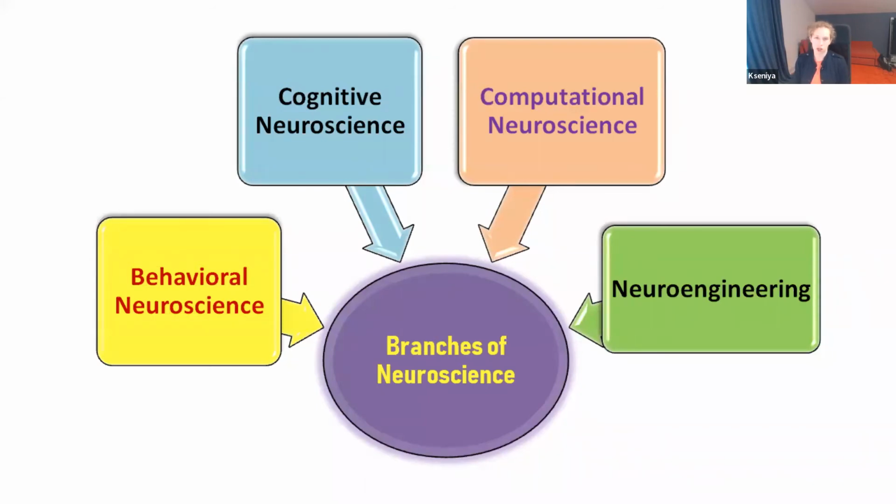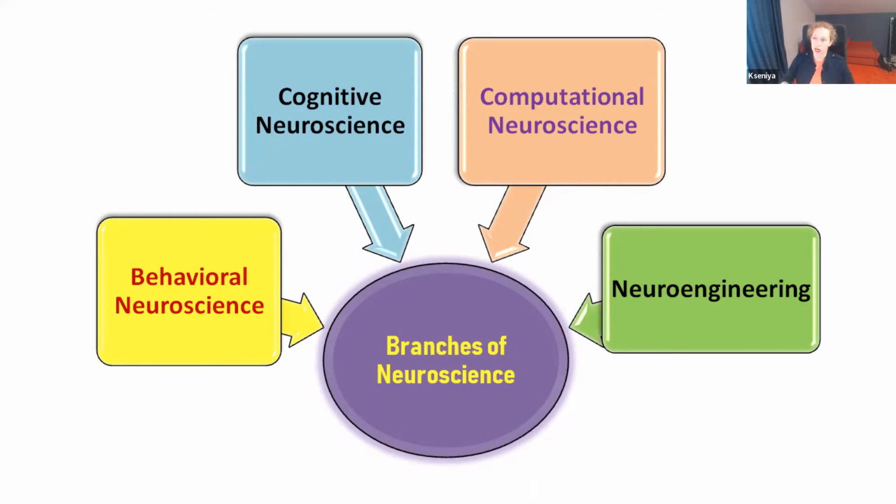By behavioral, I mean, for example, working or doing something, so some processes of behavior. Cognitive neuroscience studies the processes of thinking, perception, and decision making, also in terms of how the brain works.